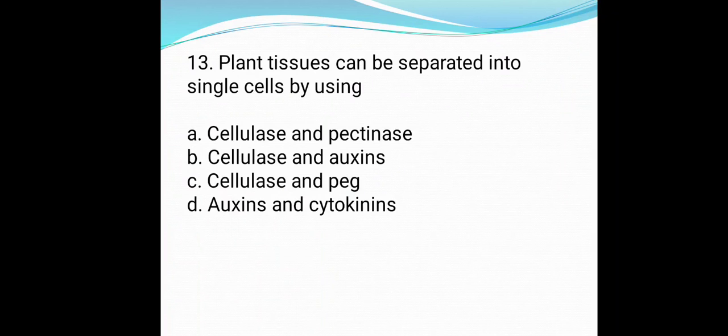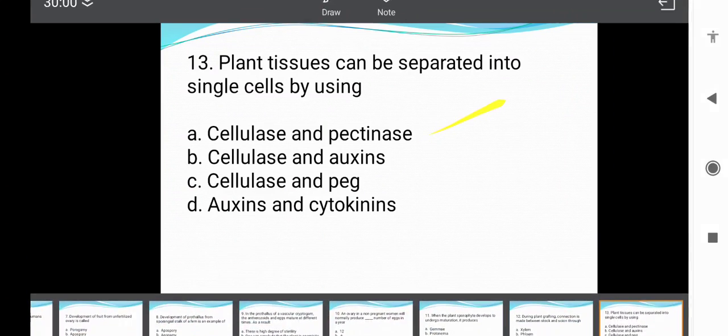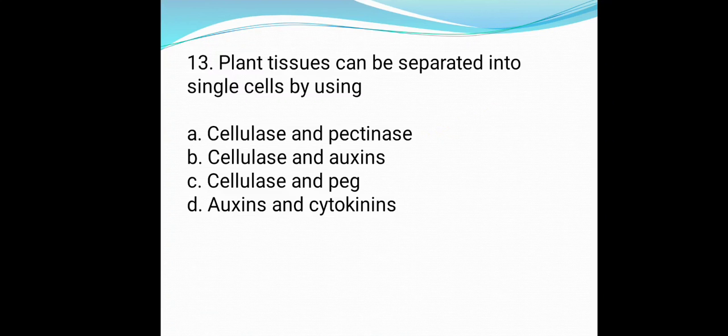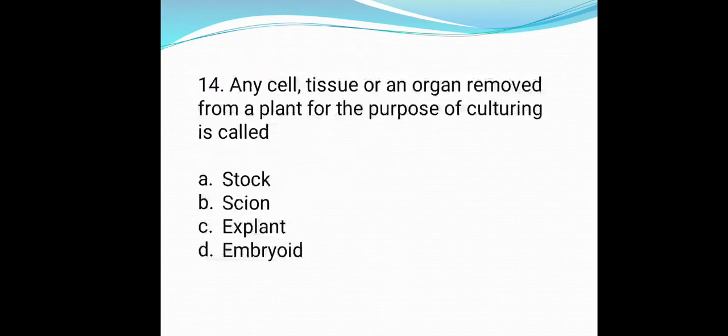Between adjacent plant cells is present the middle lamella, which is made up of calcium and pectin. Hence the plant cells of a tissue are separated from each other with the help of cellulase and pectinase enzymes. So the answer is A option, cellulase and pectinase. Let us see the next question.